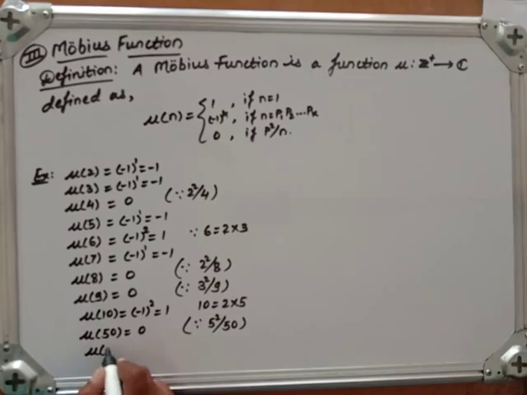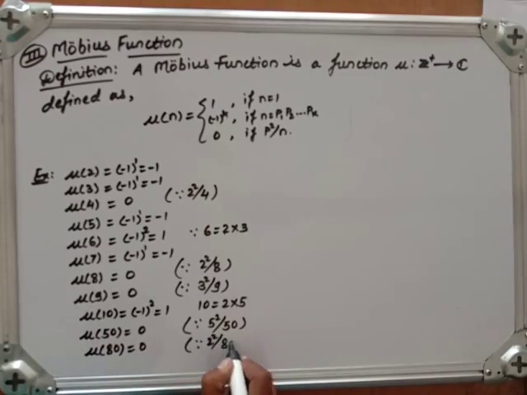Next, mu of 80. Mu of 80 is also 0. Because 2 square divides 80. Then next, mu of 100 equal to 0, because 5 square divides 100 as such.